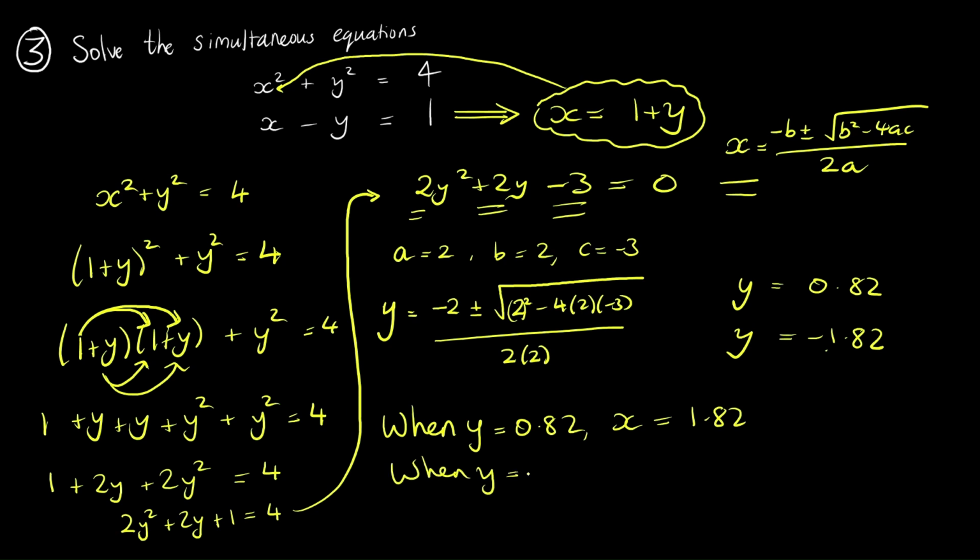When y is minus 1.82, I need to add 1, I get minus 0.82. So they're my values. Now if I put them into the calculator, 1.82 squared plus 0.82 squared, I do indeed get 3.98, so basically 4, it's not exactly 4 because of the rounding. So, classic mistake there that I made, so well done if you spotted it when I first made it.